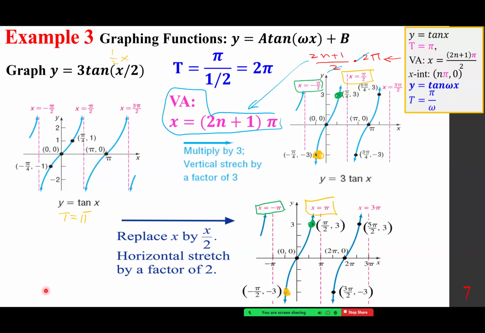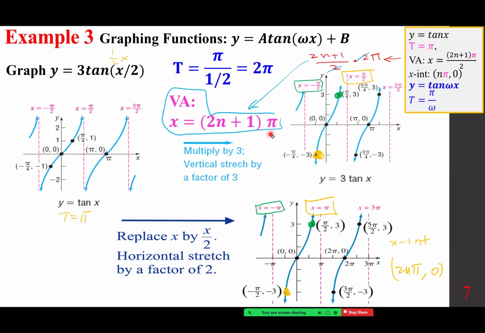This changes too. So the x-intercepts take place at 2n pi, 0. So 0, 0, 2 pi, 0, 4 pi, 0, and so forth.